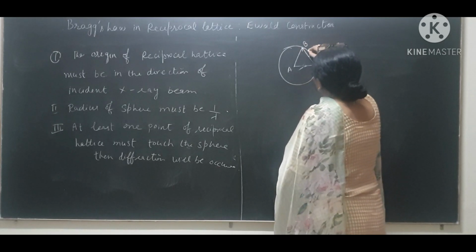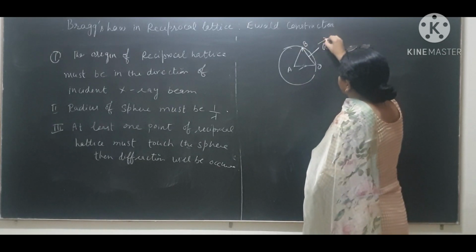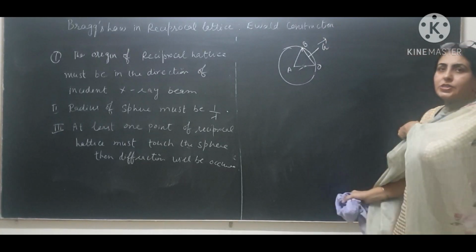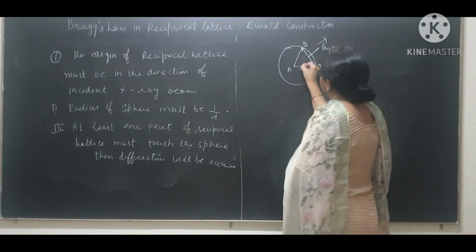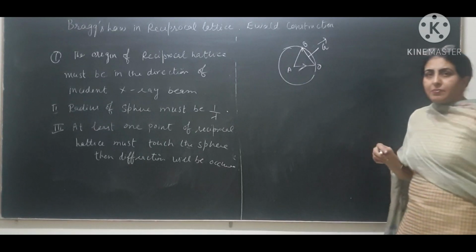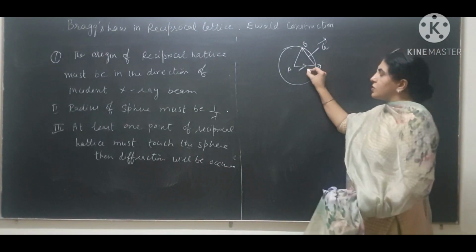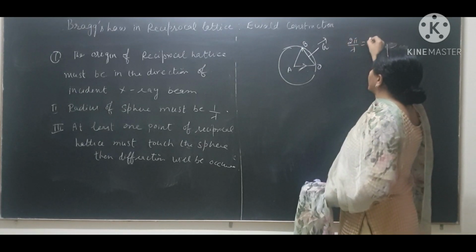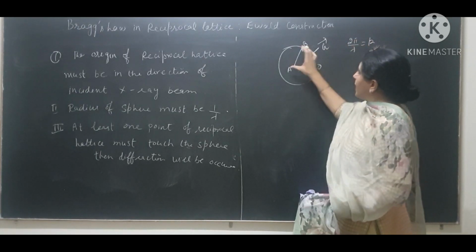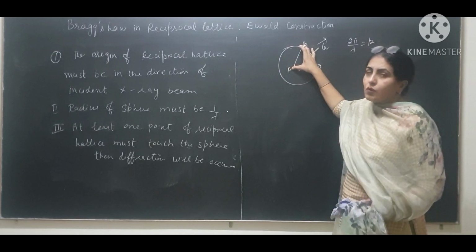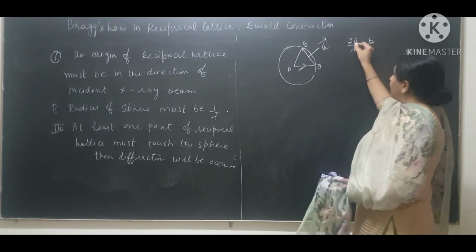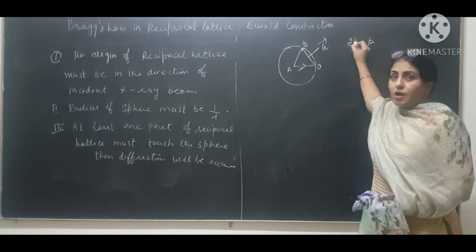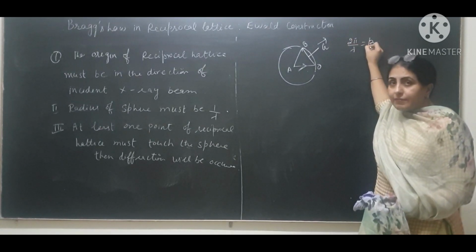We wrote the reciprocal lattice vector as G in the previous lecture, and this is the direction of the incident X-ray beam. This is 1 over lambda, or we know that 2π over lambda is equal to K. If we multiply 1 over lambda with 2π, we write it as K, and K is the wave vector.